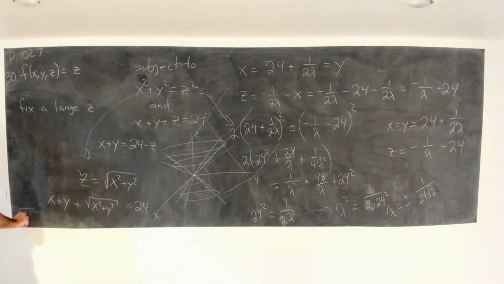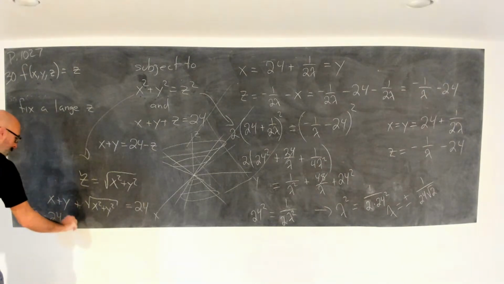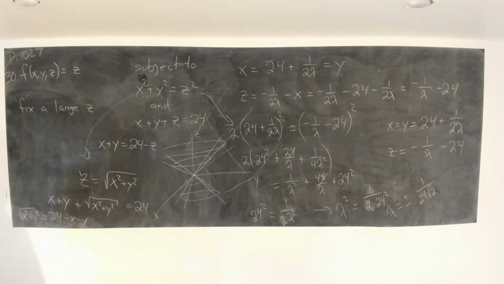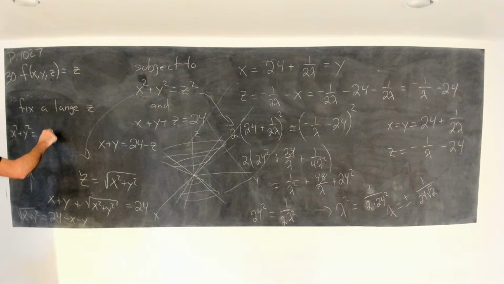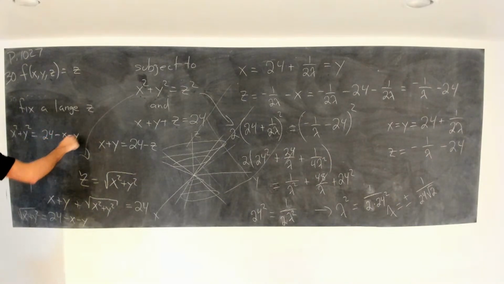You get the square root of x squared plus y squared. And if you square both sides, you get x squared plus y squared is equal to 24 minus x minus y squared.